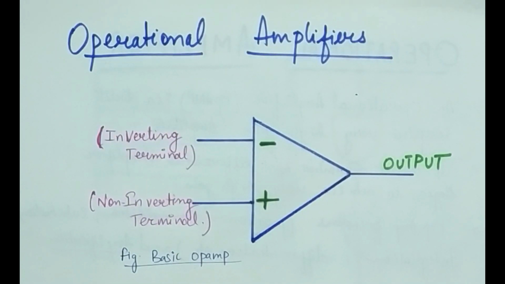An operational amplifier consists of a number of differential amplifiers and we achieve the amplification in different stages. A practical OPAMP is available as a single IC which is made up of a large number of transistors, resistors and capacitors.